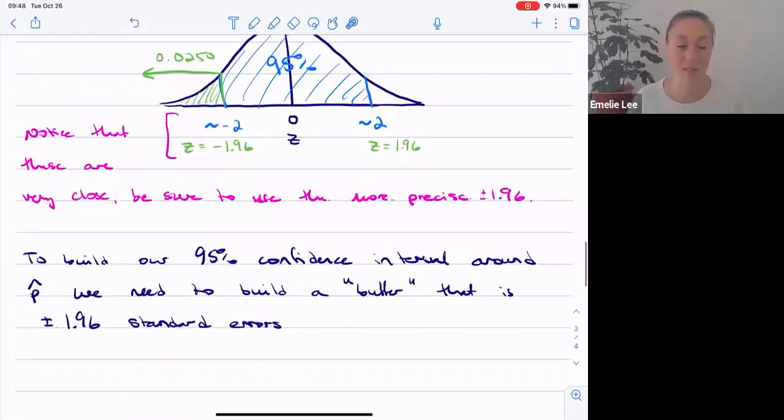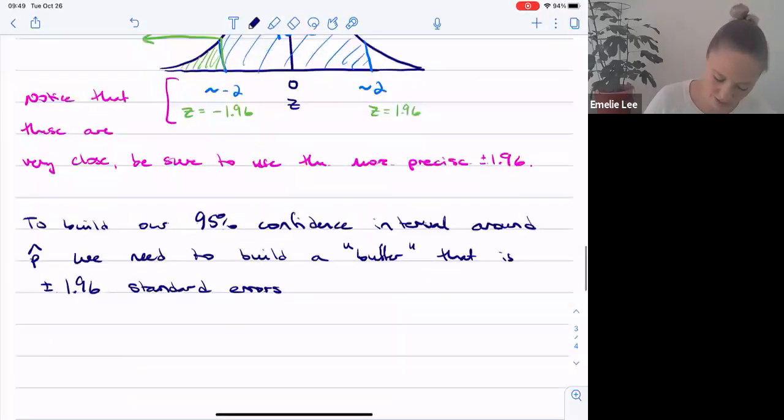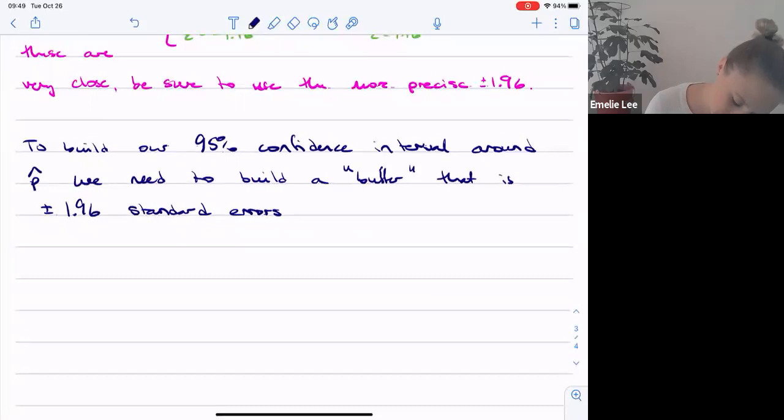Although saying it sounds a little bit confusing, but you can see why calling it the standard deviation doesn't really make sense, because it's the square root of p times 1 minus p over n. So to build our 95% confidence interval around p hat, we need to build a buffer that's 1.96 standard errors away from p hat.